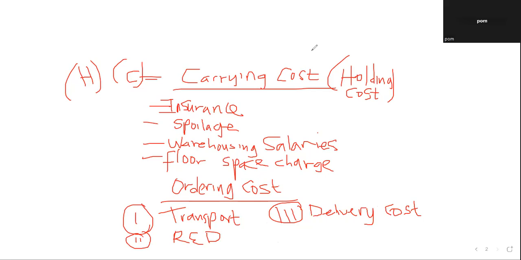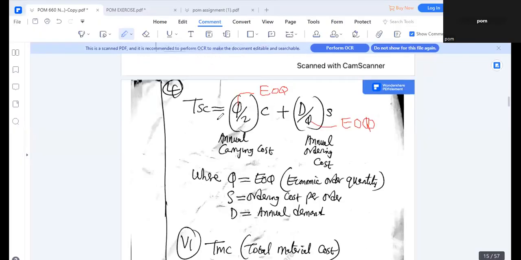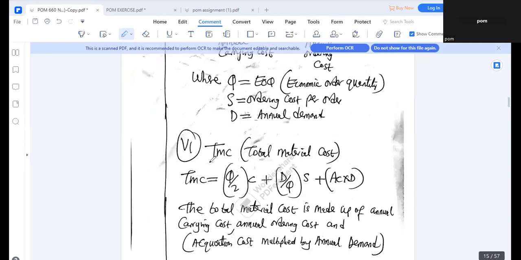So this is about what goes on when you're doing the stock taking. Total stocking cost, you look at the cost of carrying and ordering. So whatever you've bought today plus what was there before you ordered some more goods, this is the total stocking cost. Then total material cost has the build-up of annual carrying cost, then annual ordering cost, then the unit price multiplied by demand.